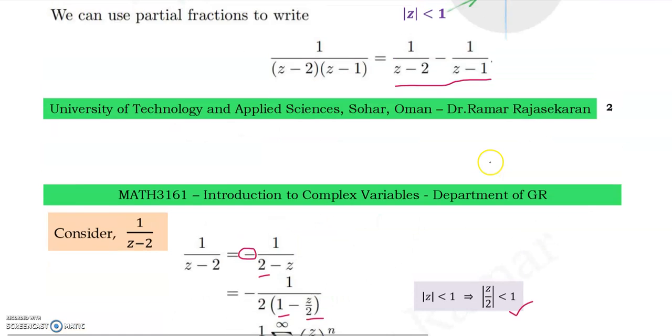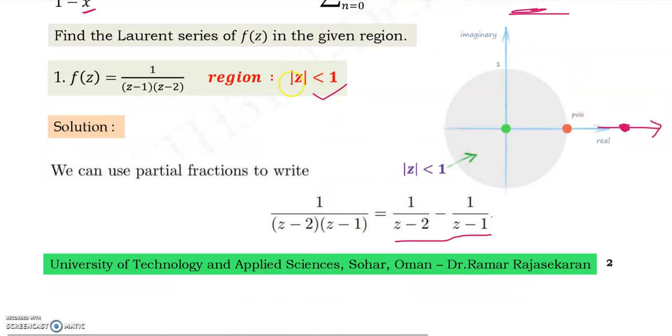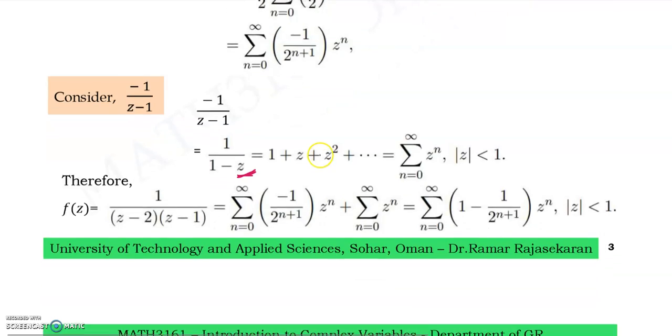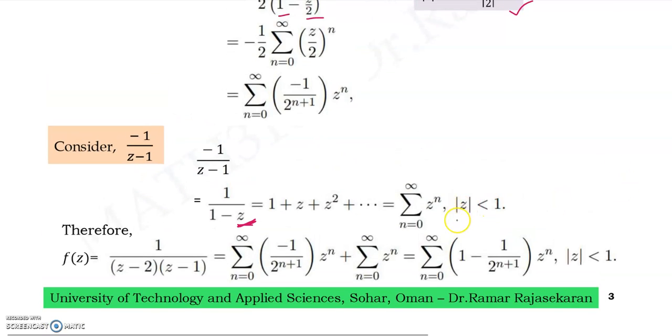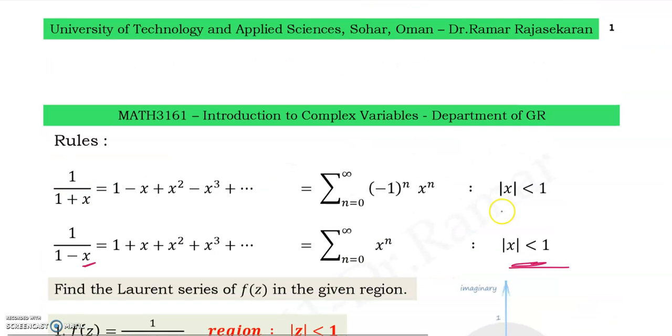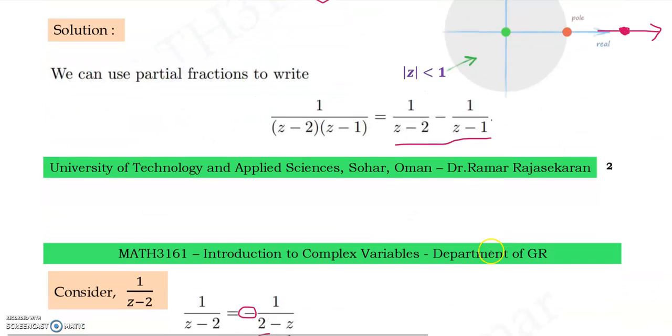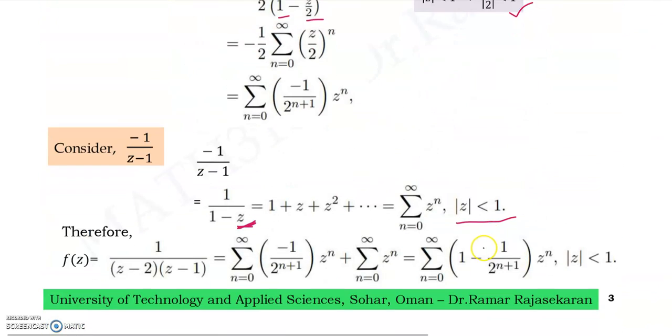Yes, this is given in the question itself: the region modulus of z is less than 1. So modulus of z is also less than 1, so definitely we can apply rule 2: 1 over 1 minus x is equal to sigma n equal to 0 to infinity x to the power n. This is the condition, and it is already given in the question, which is satisfied here.